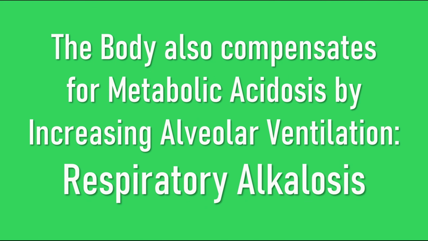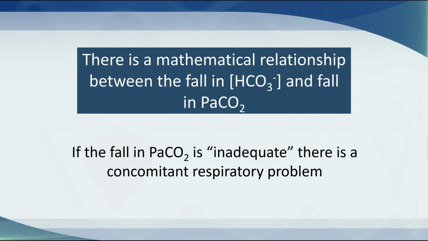Essentially, what the Boston group do for metabolic abnormalities is to look at factor 2, the respiratory compensation for metabolic acidosis, to see whether compensation is adequate or not. There is a mathematical relationship between the fall from normal in the bicarbonate and the fall from normal in the PaCO2.